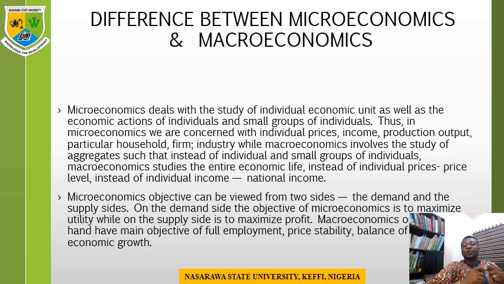You want to enjoy every kobo you are paying out for goods and services. And on the supply side, the supplier always wants to maximize profit. He's out there to make profit. So he wants to do everything within his power to make profit. So these are the two sides of the objective of microeconomics.